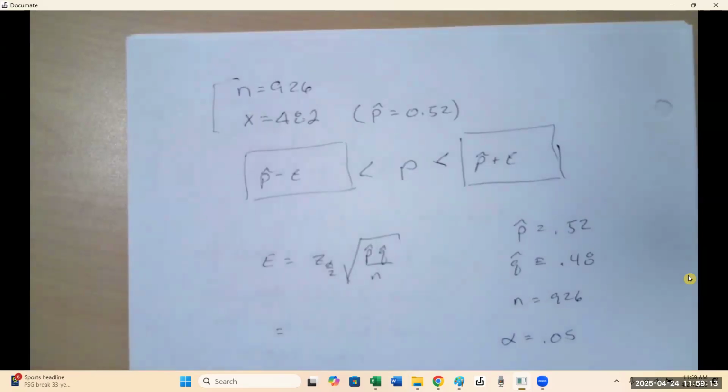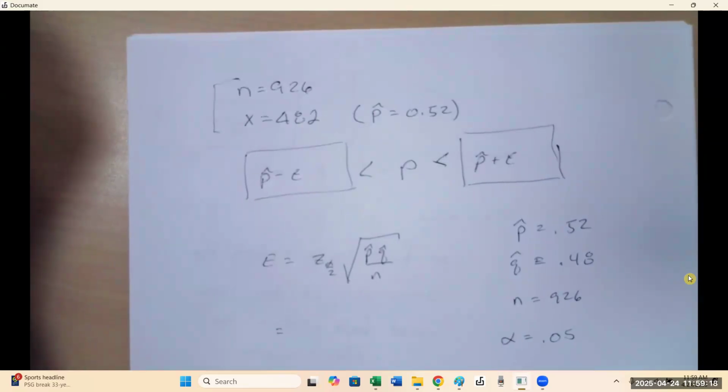So we've got to find the Z value for alpha is 0.05.